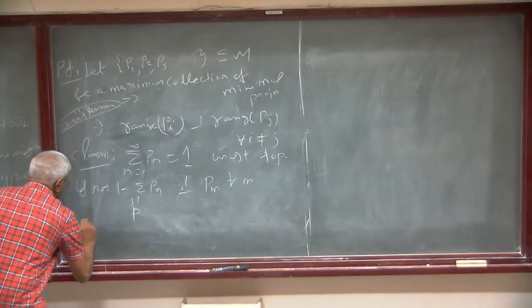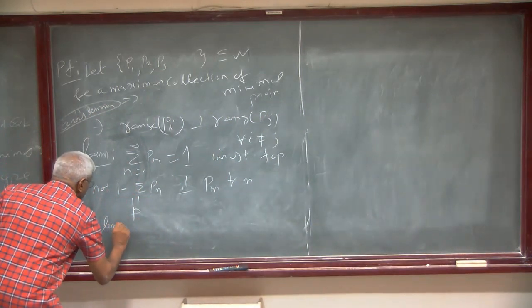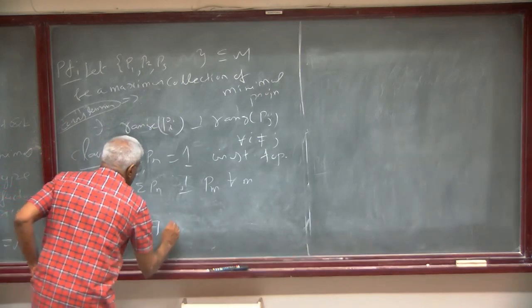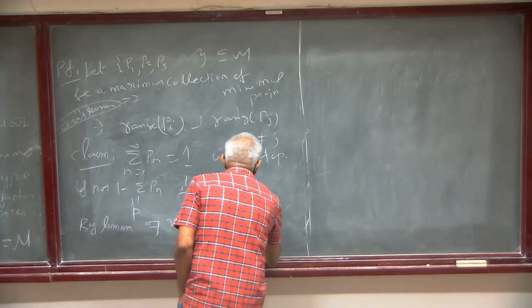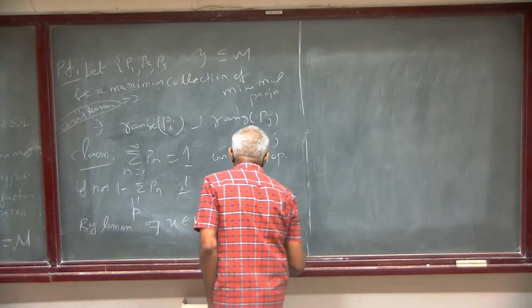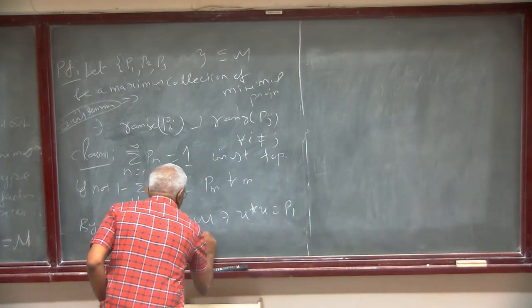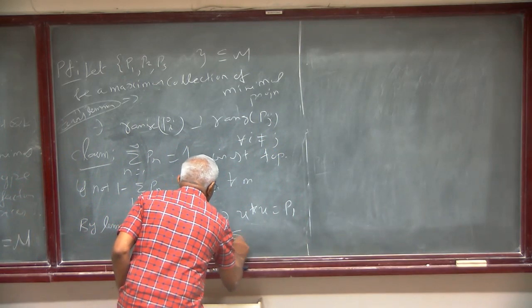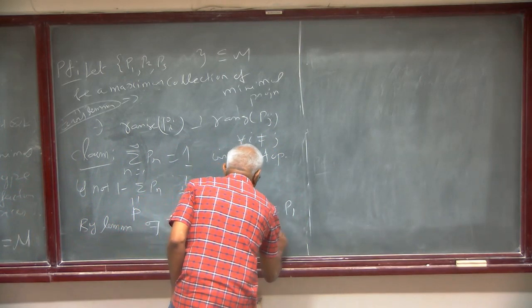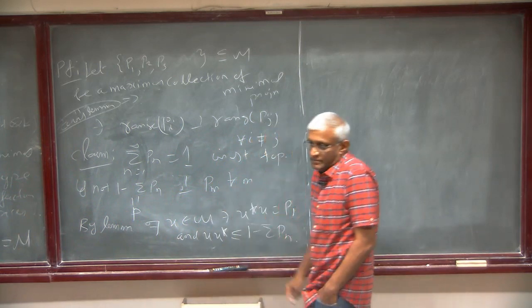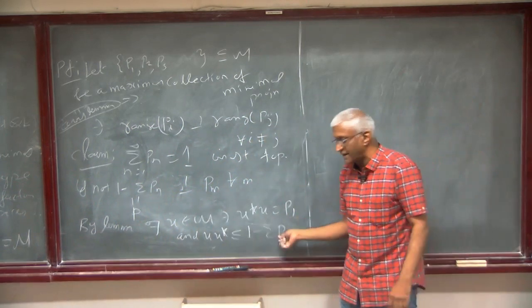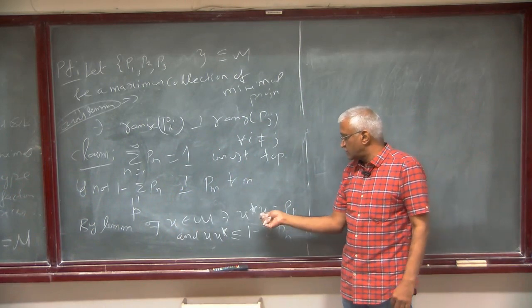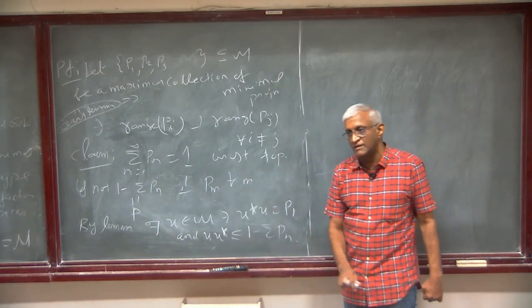Now by the lemma, there exists a partial isometry U such that U star U equal to P1 and U U star is less than or equal to 1 minus summation Pn. I mean, any two projections you can get it, but it will come under this. But then if U star U is minimal, then U U star is minimal.